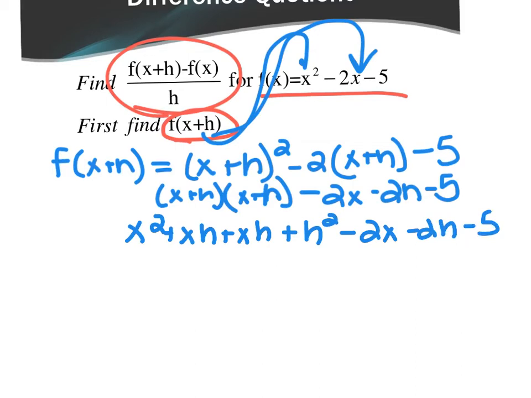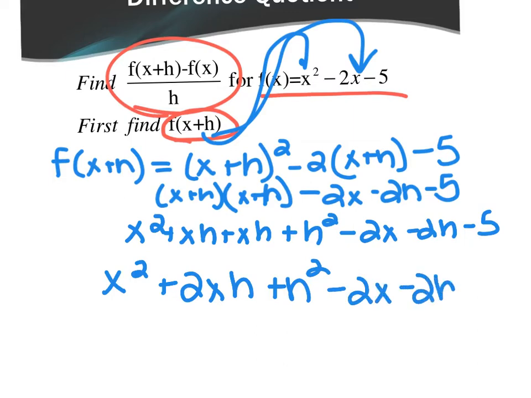And then I have two xh's. That's why you got to be consistent with the order you write it. As hx or xh doesn't matter as long as you're consistent. I want to combine those together. So I get x squared plus 2xh plus h squared minus 2x minus 2h minus 5. That whole thing is your f of x plus h.